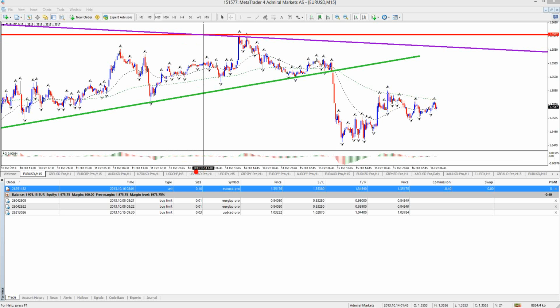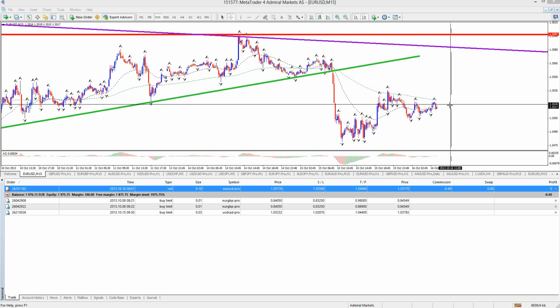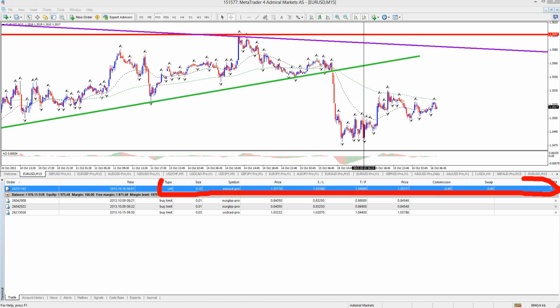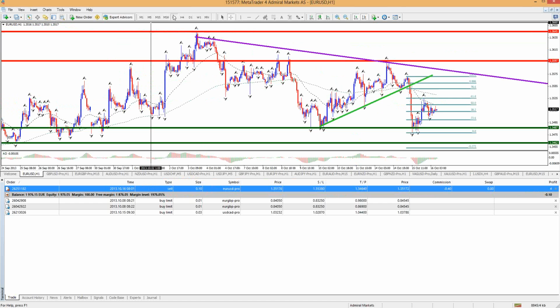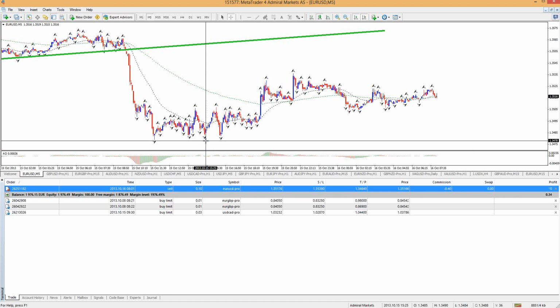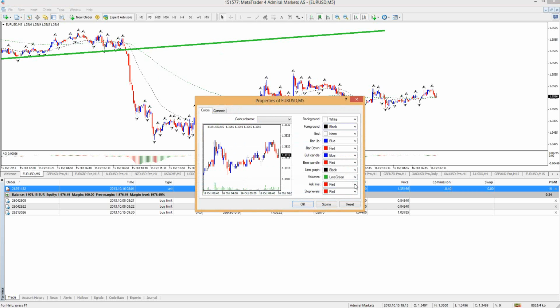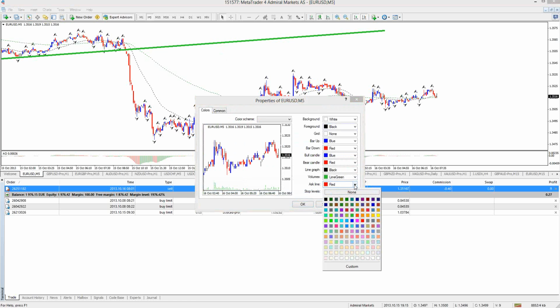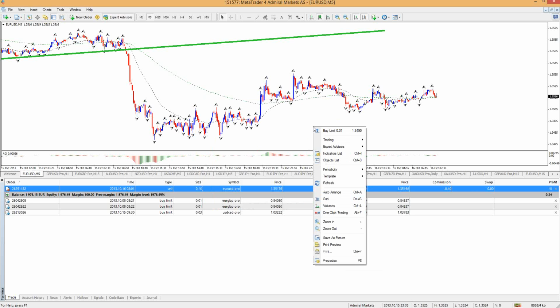The chart is right here. Let's see. Yeah, there's no lines there, in fact. That's strange. The trade is open. That's weird. Maybe it's the settings. That totally beats me.